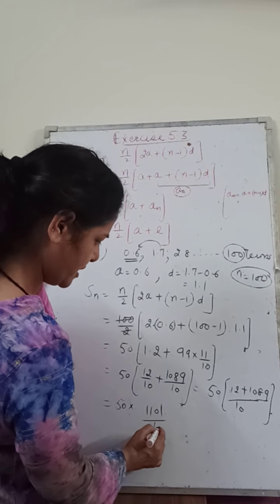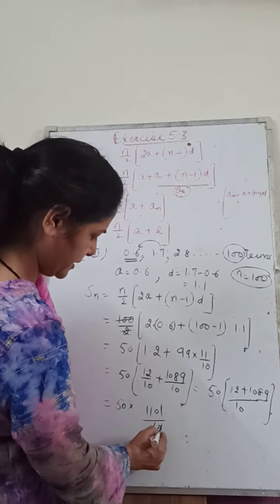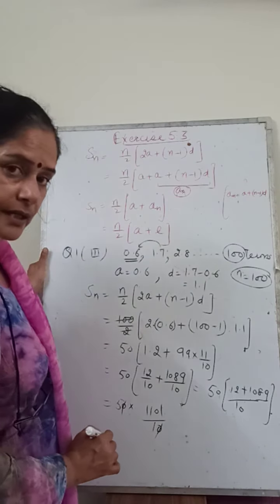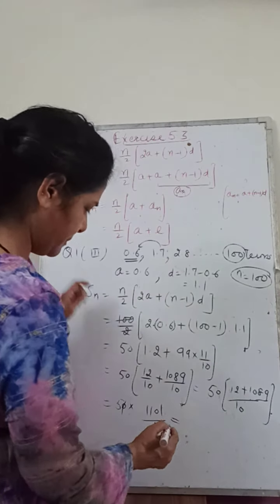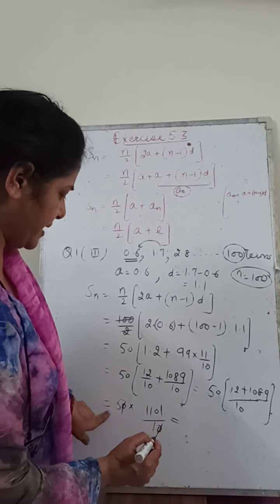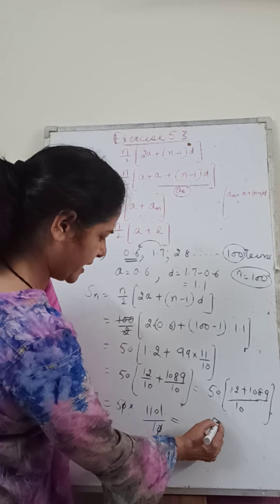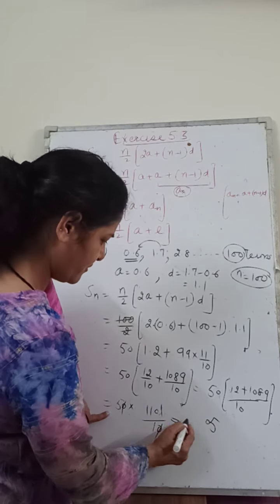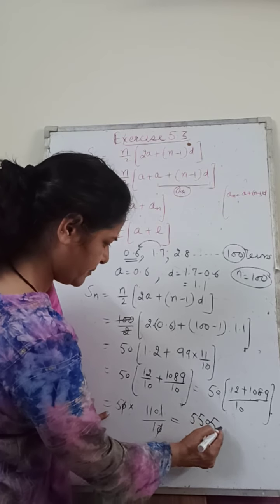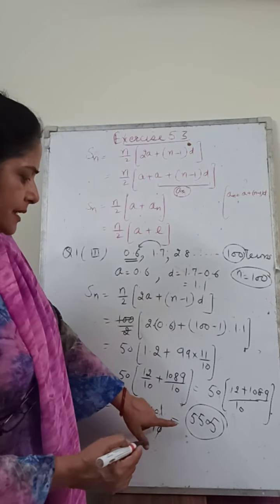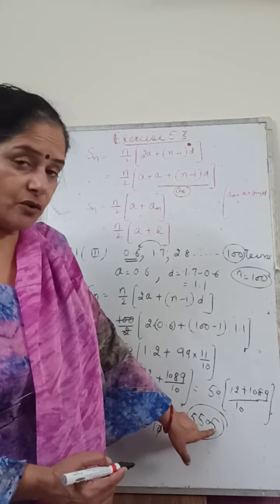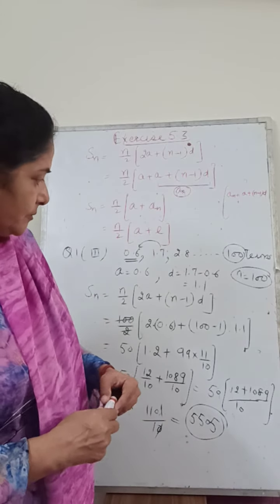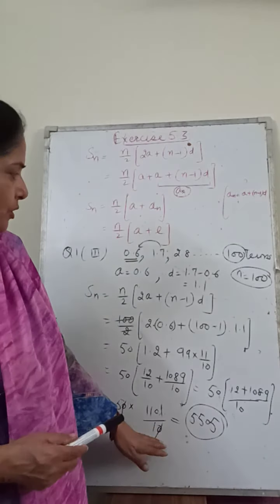Clear? Upon 10, this 0 and this 0 will cancel. Multiply 1101 by 5. What will you be getting? So your answer is 5505. So I hope it is clear to all of you.